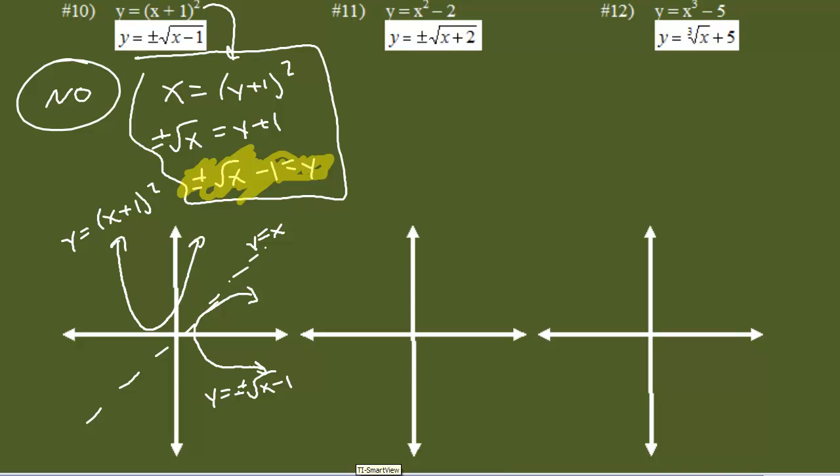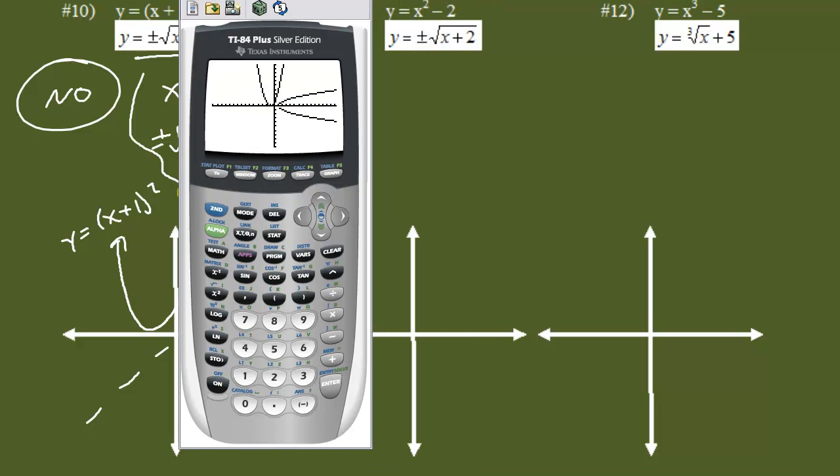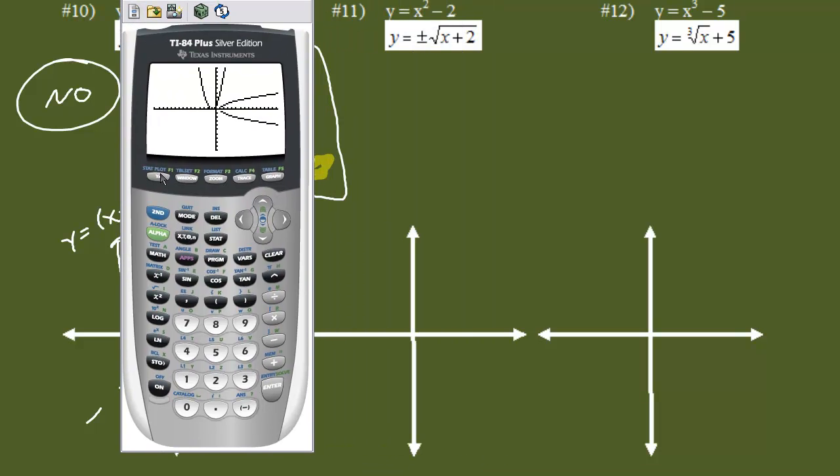Number 11, let's pull up my calculator here again. y1, I got x squared minus 2. And then for y sub 2 and y sub 3, I'm going to have x plus 2 inside the radical and an x plus 2 inside the radical with a negative on the outside.